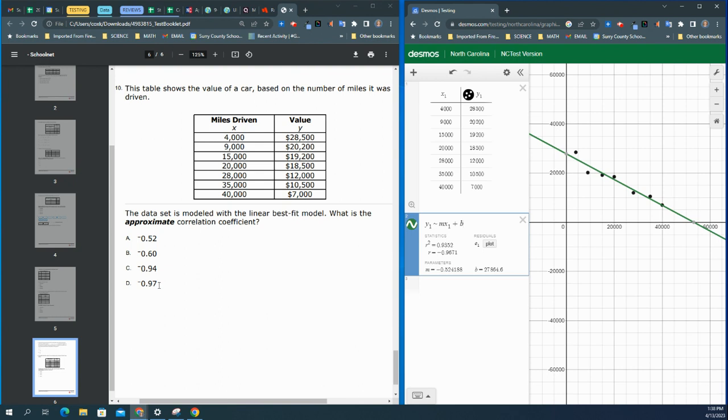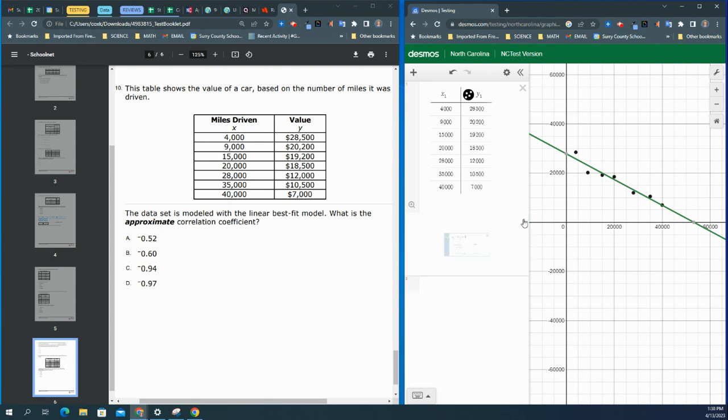Negative, remember, tells you that it's going downhill, so that's okay. But the closer it is to negative 1, the tighter the points are to the line. If the correlation coefficient had been like 0.5 or 0.6, the dots would have been a lot more scattered.